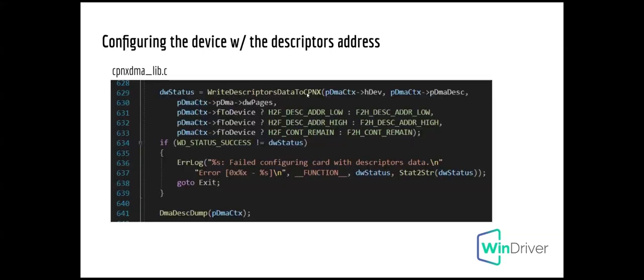So this is the next step: write descriptor data to CP/NX. Here we can see that we are introducing the addresses to our destination. After getting all the information we needed into the descriptor, we introduce the descriptor to the FPGA.